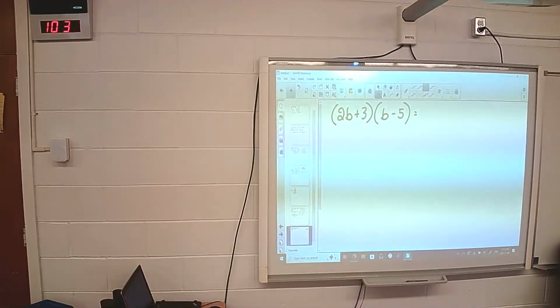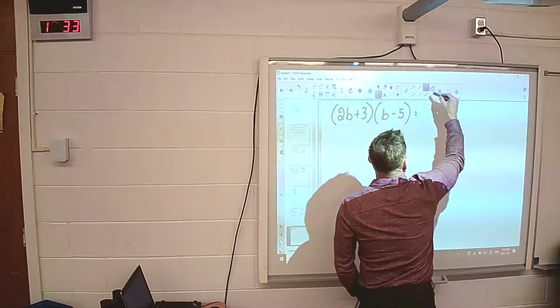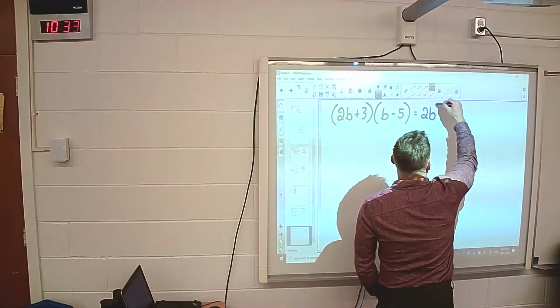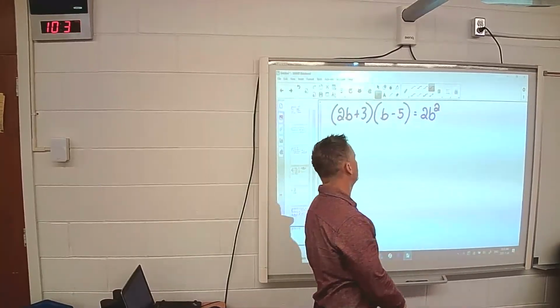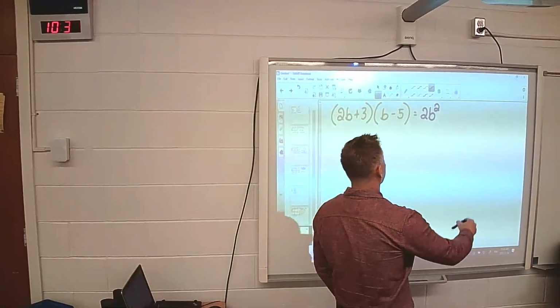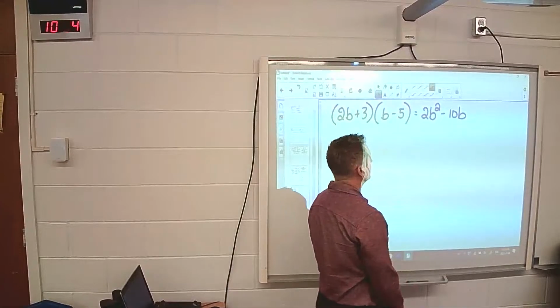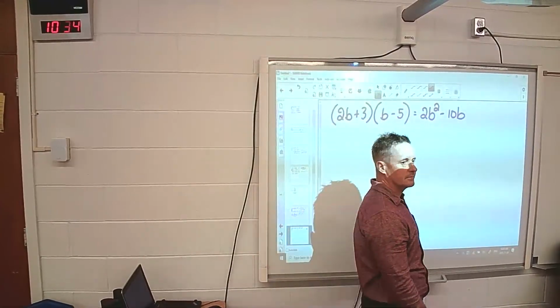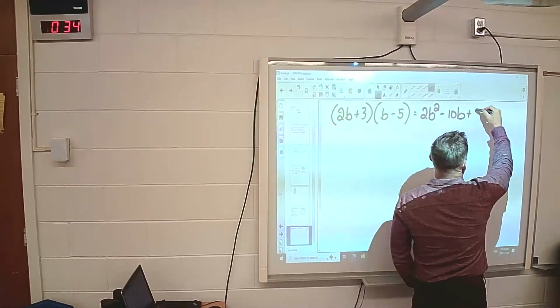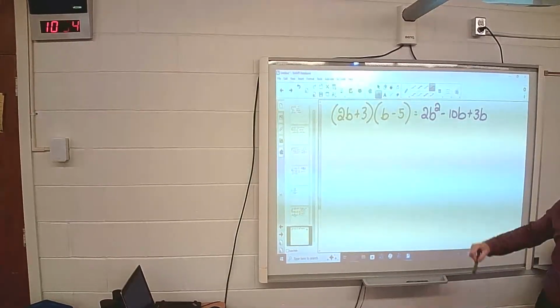Okay, what does the first give you? 2b squared. The outside, minus 10b. Inside, and last, minus 15.